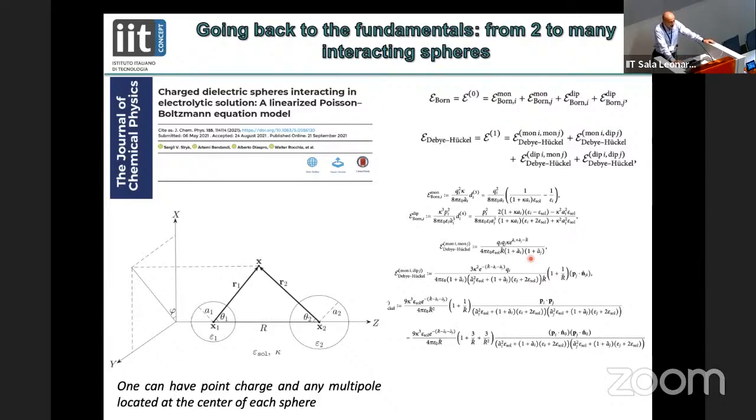And so after some time and a lot of work of Sergi, we came up with a nice expression, maybe not nice to see, but a nice expression for the energy and the potential within the spheres and outside the spheres. And the nice thing is that you can separate, it's not a real Taylor expansion, but it is an expansion where the first term is in the biomolecular form.